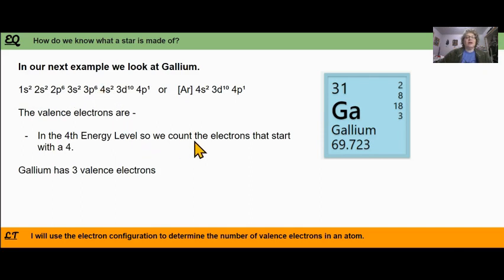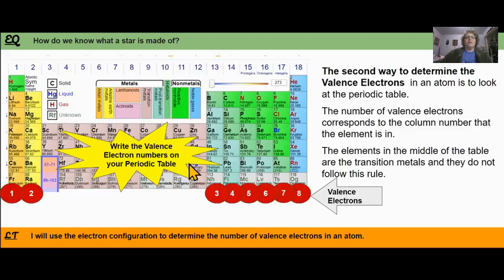What we want to do is count the electrons that have the 4 starting. So I have a 4 here and there are 2, and I have a 4 here and there's 1, right? If we look at the short notation, I have a 4 and a 4. We don't count the 3d, right? We only count the 4. So gallium has 3 valence electrons, okay?